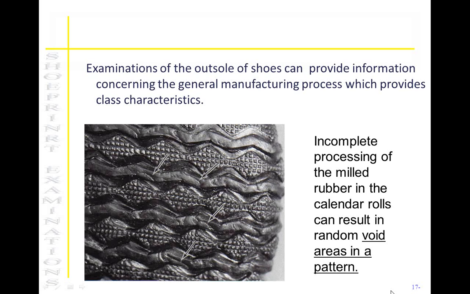Examinations of the outsole of the shoes can provide a lot of information concerning the general manufacturing process, which provides the class characteristics. And a lot of these may be relayed to the actual shoe prints themselves. So instances like this, where there's incomplete processing of the milled rubber in the calendar rolls, might actually lead to void areas in the pattern itself.